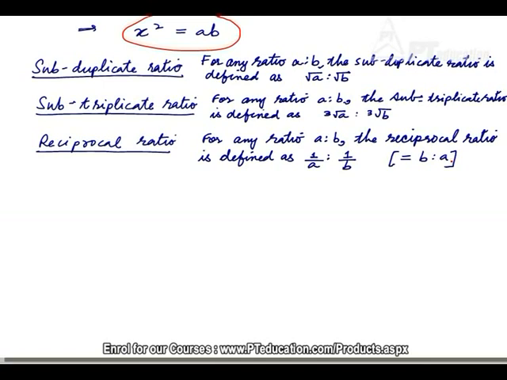As we can see in the notepad, for any ratio a is to b, the subduplicate ratio is defined as square root of a is to square root of b. Subtriplicate ratio. For any ratio a is to b, the subtriplicate ratio will be defined as cube root of a is to cube root of b.